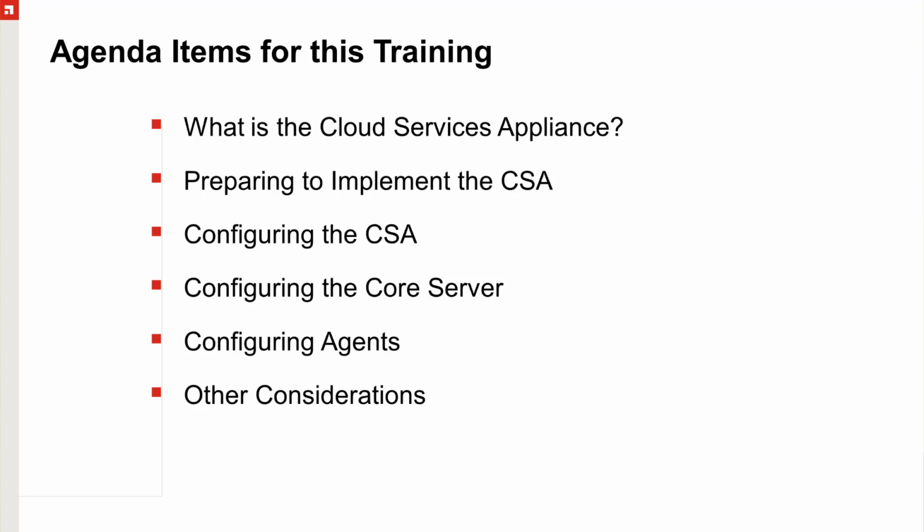So we're going to configure the CSA, then we're going to configure the Endpoint Manager core server so that it knows to begin using the cloud service appliance. Then we'll edit our agent settings so that they know that they can use the cloud service appliance. And this is the part that I was mentioning previously. That's the hard part.